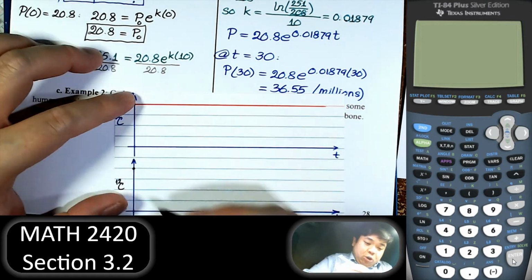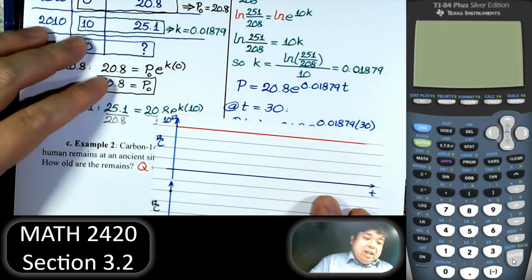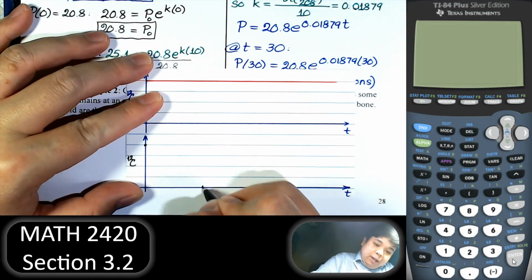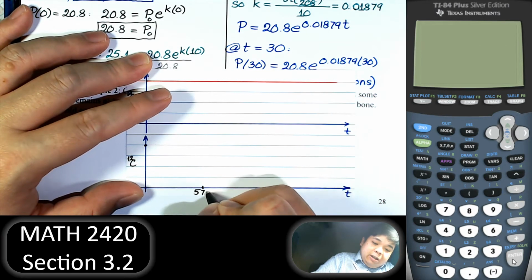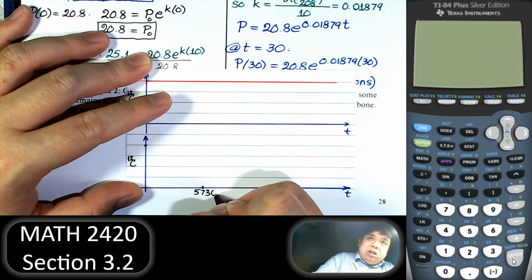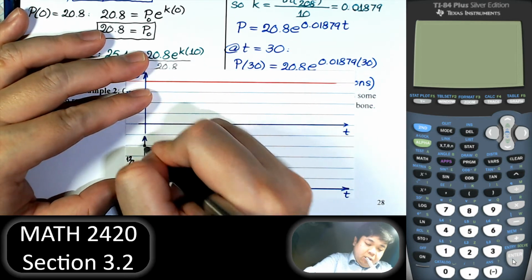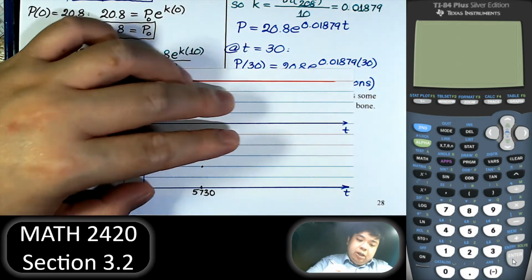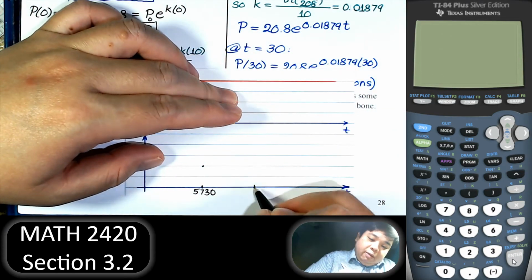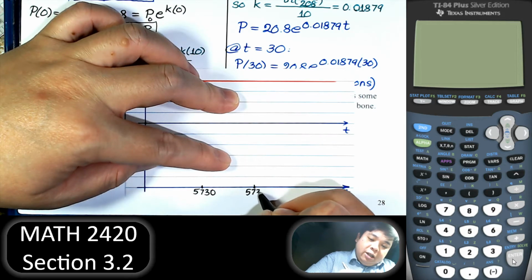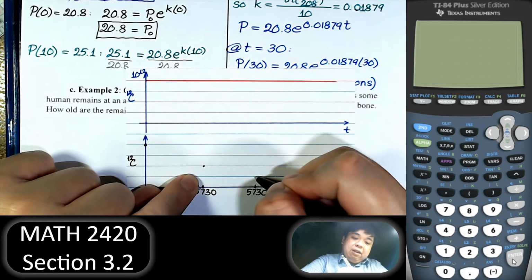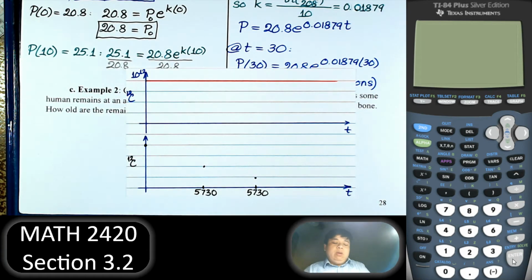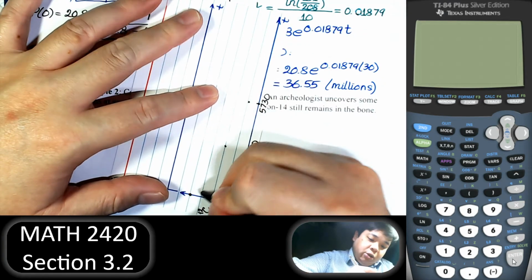If we start with the same amount, and the half-life is 5,730 years, then after 5,730 years it will get to half of its original amount. In another 5,730 years, it will get to half of whatever it was before, and just keep halving, and so on.